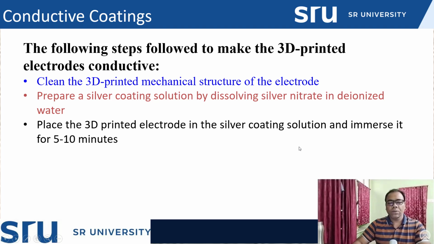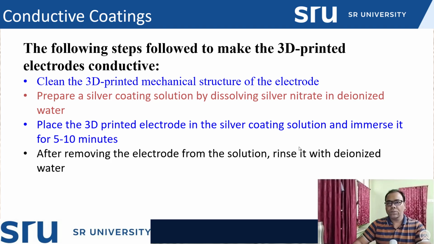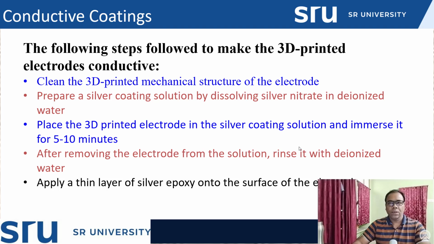Now after that one has to place the 3D printed electrode in the silver solution, and it will be immersed for maybe 5 to 10 minutes. After that the coating will be developed on the polymer printed part. Then you have to remove the coated part from the silver solution and rinse or clean it properly with deionized water, so that no foreign particles are left on the surface of the coated electrode.